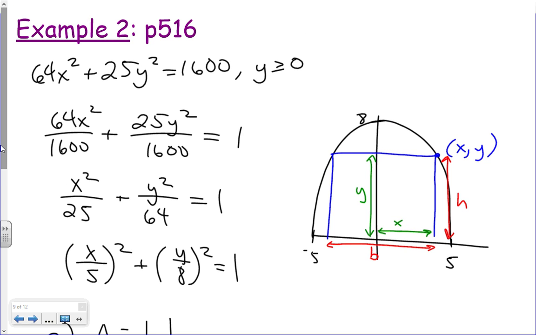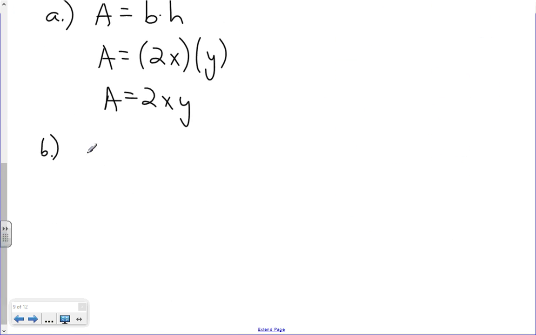It's this equation here, 64x squared plus 25y squared equals 1600. So let's write that down. We have 64x squared plus 25y squared is equal to 1600. And we want to solve this for y. So let's subtract the 64x squared.